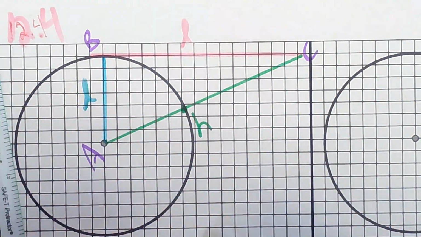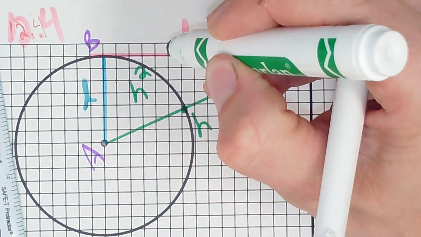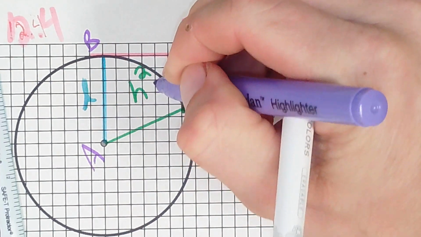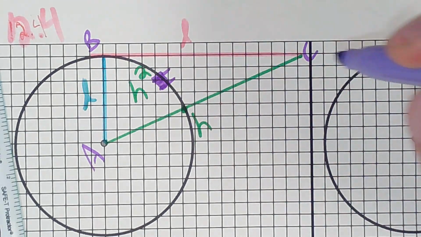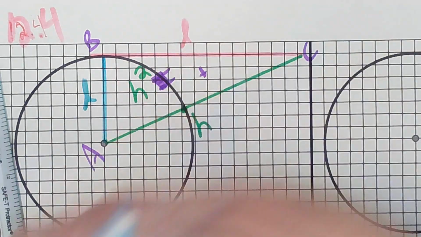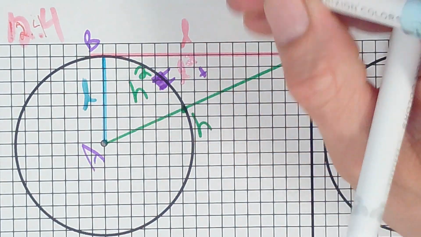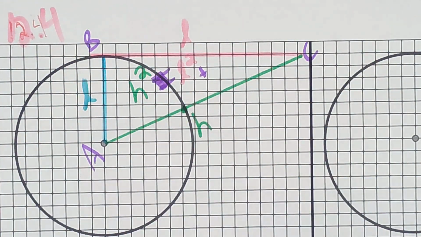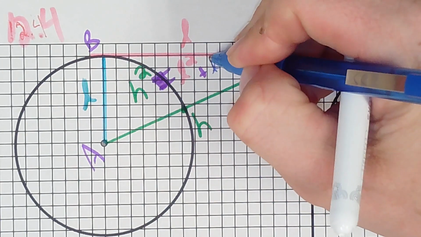The equation would just be H squared is equal to the two legs squared, so the purple leg squared and the blue leg squared. There was no real reason to differentiate between the two.